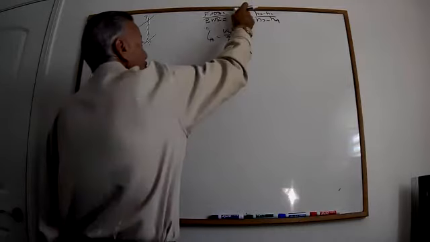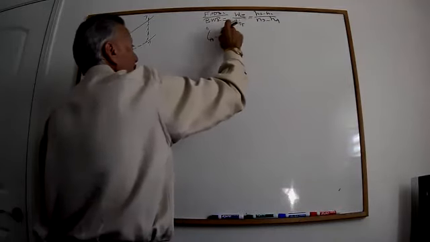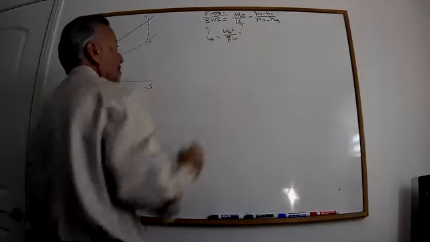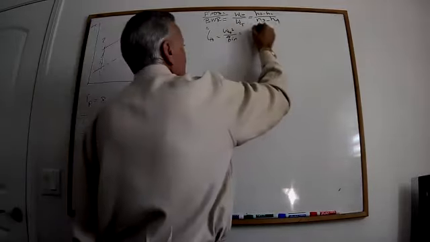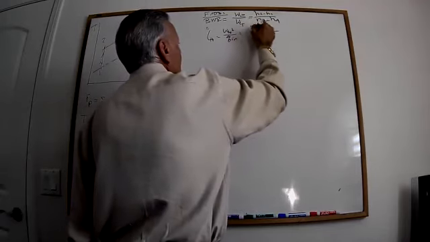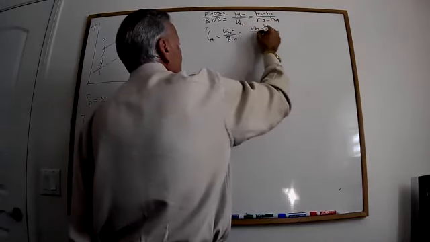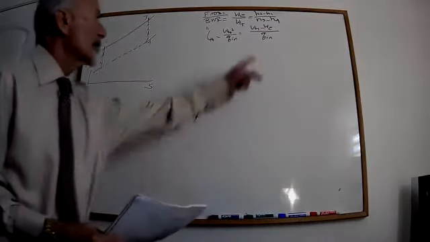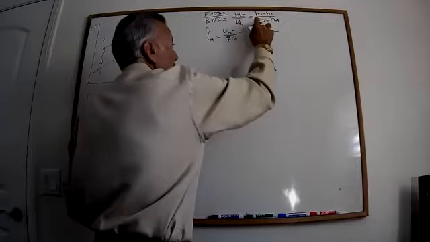If I find these two, the difference between them gives me the net work. And if I find the Q in, I can find the thermal efficiency. So I can write work of a turbine minus work of a compressor divided by Q in, where work of a turbine minus work of a compressor is the net work.